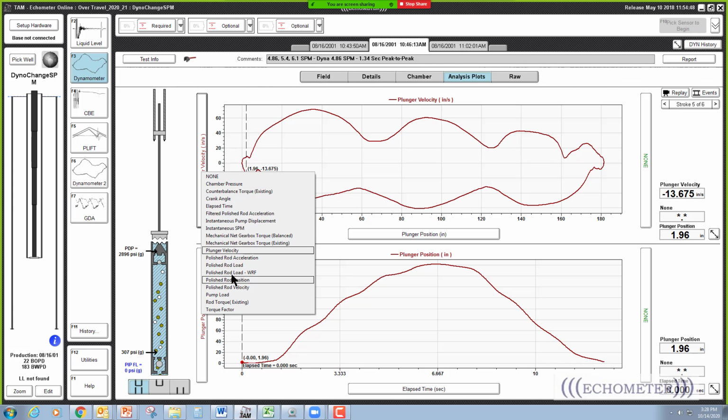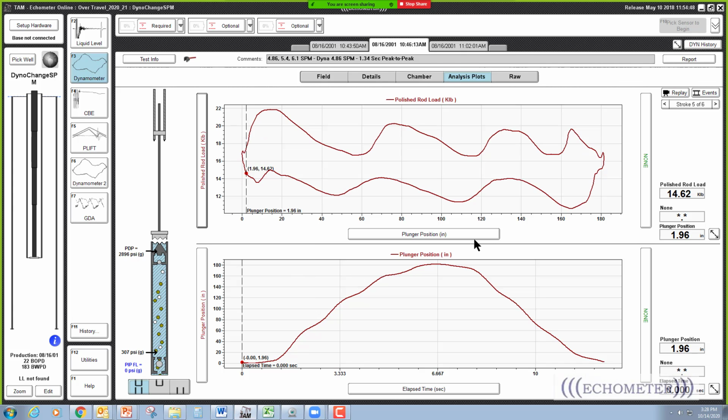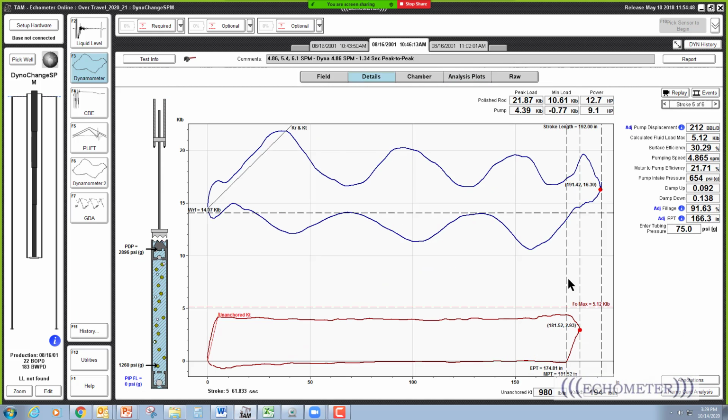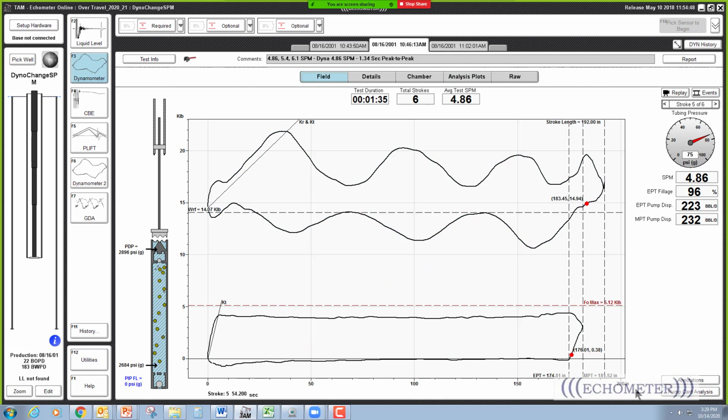Rod loading. Let's see if I can get this to work. Sometimes it doesn't work. If we overlay them, we'll see how they compare. Let's go to field view, and I want to overlay all three of those strokes.